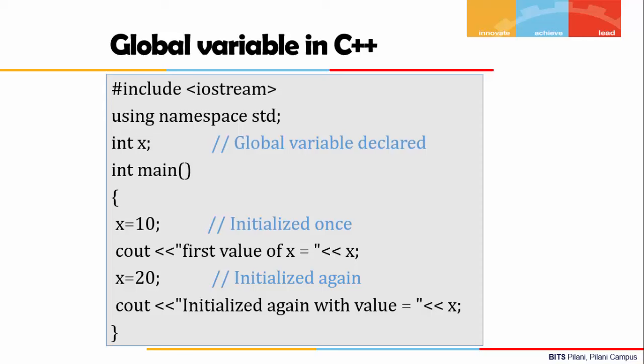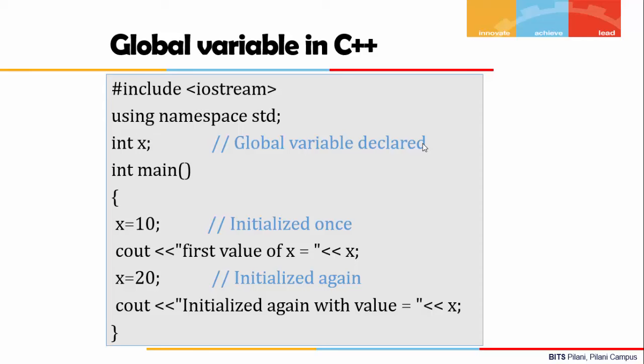Now let's look at one example of global variables. They must be declared outside the main function. So here global variable x is declared outside the main function. If only declared, they can be assigned different values at different times in the program lifetime.